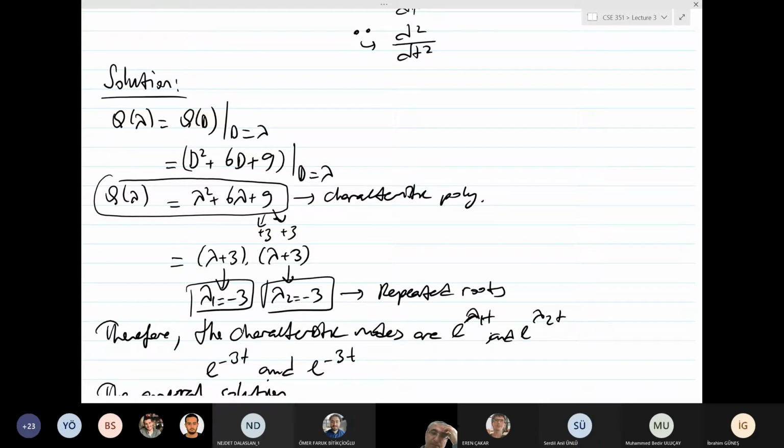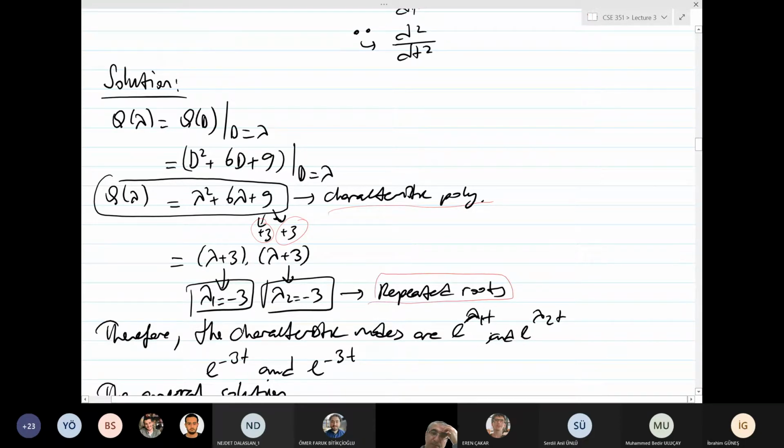This is called the characteristic polynomial of the system. Now the second step is to find the roots. In this case, the roots are plus 3, right? Lambda plus 3 times lambda plus 3. So lambda 1 is minus 3, lambda 2 is minus 3. That means the system roots are repeated.